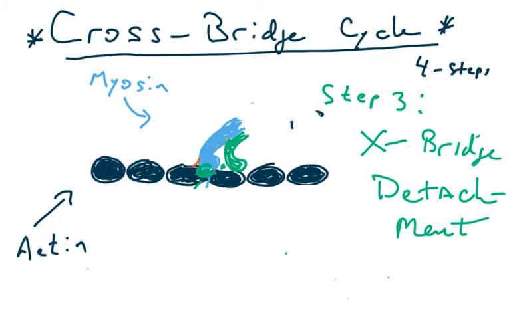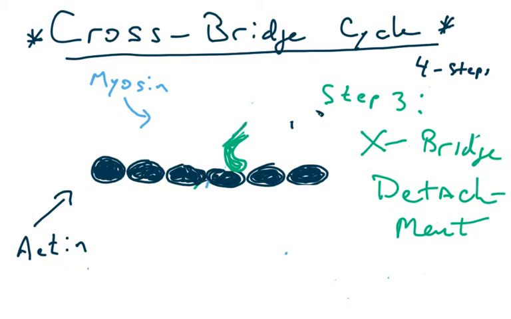So in order to keep the process going, we have to add another ATP to our myosin head, because we have utilized our energy at this point to create the power stroke itself.